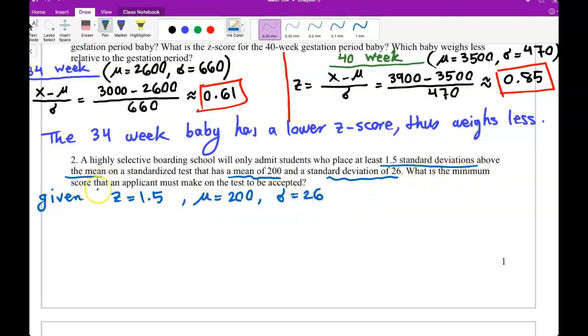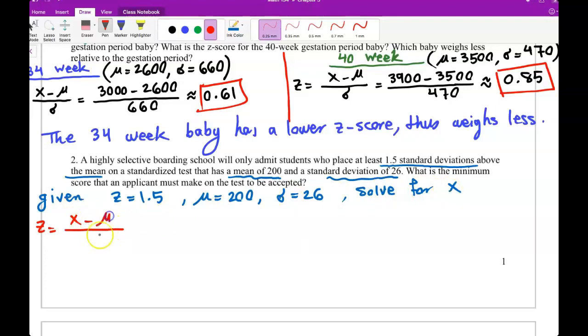What is the minimum score that an applicant must make on the test to be accepted? So we should solve for x. I'm using x because in the formula we usually use x for our data value.